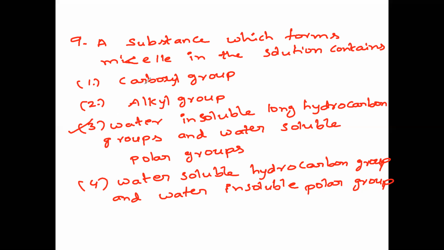So a substance which forms micelle in the solution contains water insoluble long hydrocarbon groups and water soluble polar groups, because it is nothing but C17H35COO minus Na plus. So this is the water soluble polar group and the water insoluble long hydrocarbon group which contains carboxyl. So I hope it is clear.